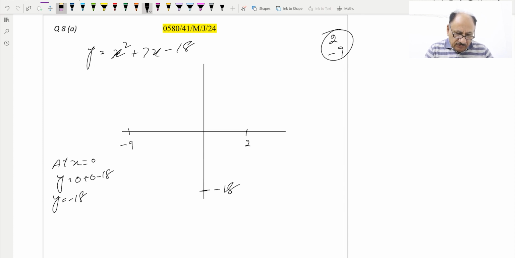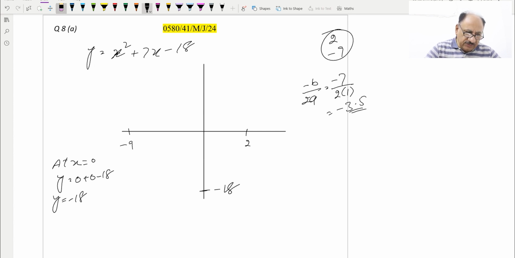So we can find the minimum point also, which is not required, but to draw properly, we have, for example, the minimum point at minus b over 2a. Minus b, minus 7, b value is 7, over 2 into a value is 1. So this will be minus 7 by 2, which is minus 3.5.